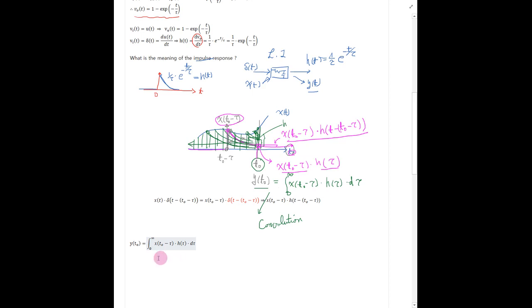So this is the impulse response. I can replace t with any value. At time t, the output is given by this equation. You can think of the impulse response h(t) as a weighting factor. So this output is weighted by this much. It is usually decreasing with τ distance.